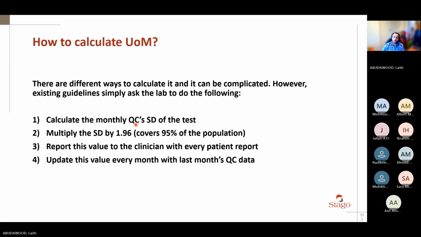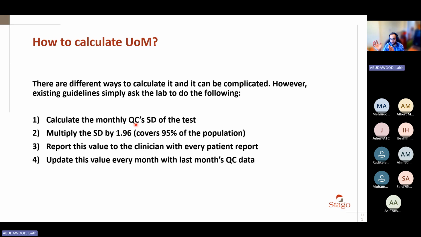Then I multiply the standard deviation of the normal QC by 1.96. Why not 2.0? 2.0 actually represents 95.5% of your population. Some people who like to be very specific say 1.96 represents 95% of the population. Why 95%? Not our concern at the moment. So I take the standard deviation of the normal control and multiply it by 1.96.